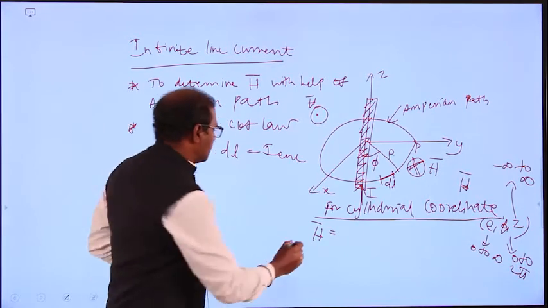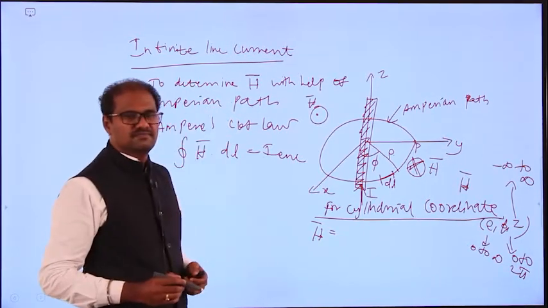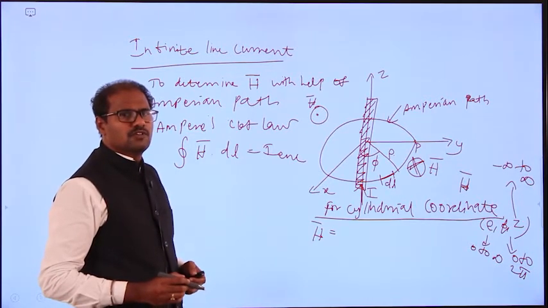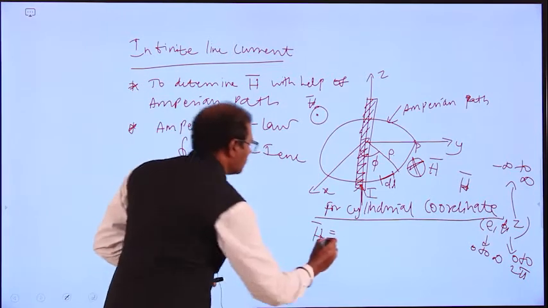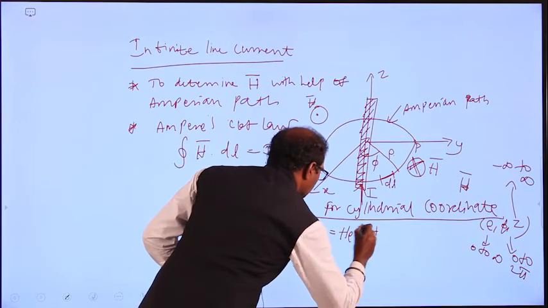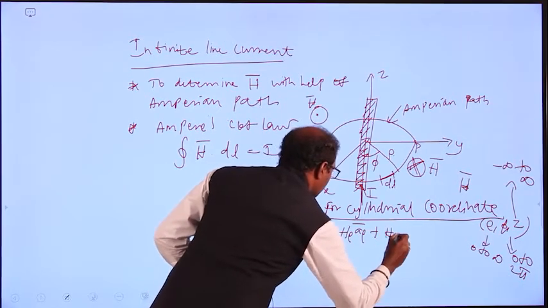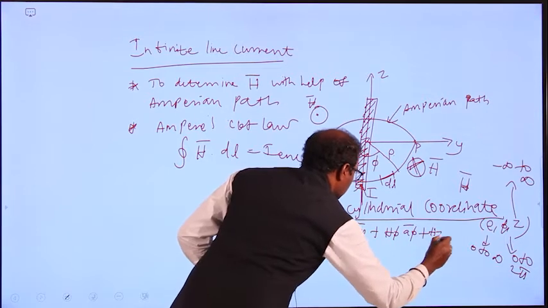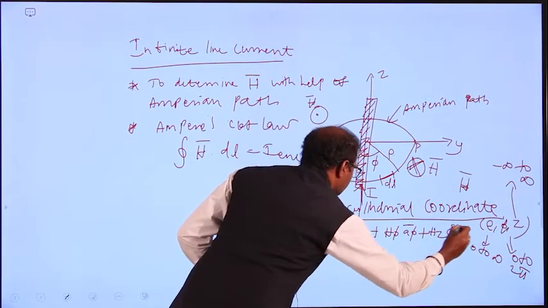Now we have to find out what is H. So rho, phi, z: there is a magnitude along with a unit vector. H rho a rho vector, H phi a phi vector, Hz az vector.